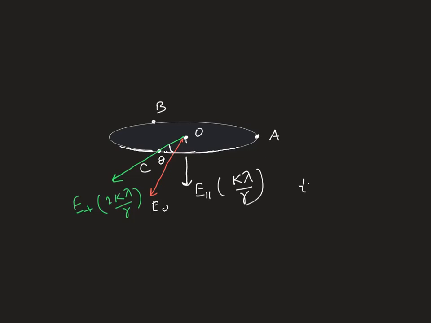So tan theta is going to be perpendicular by base. Please notice this is the perpendicular and this is the base, because this is the line that is joined with theta and this is the line that is complementary to theta. So tan theta is going to be E parallel by E perpendicular, and that is going to be 1 by 2.